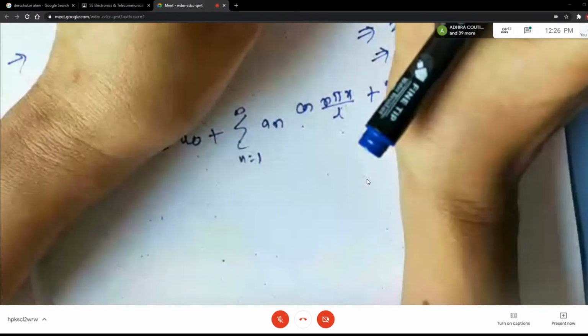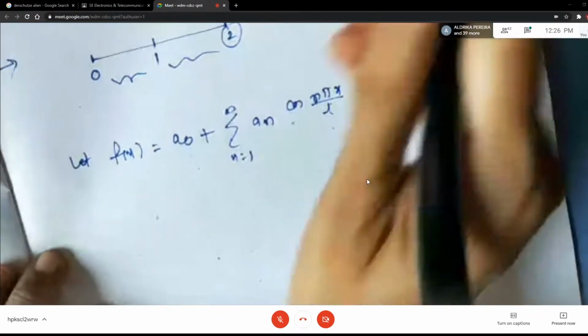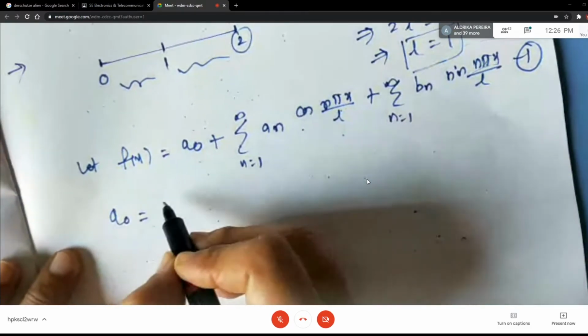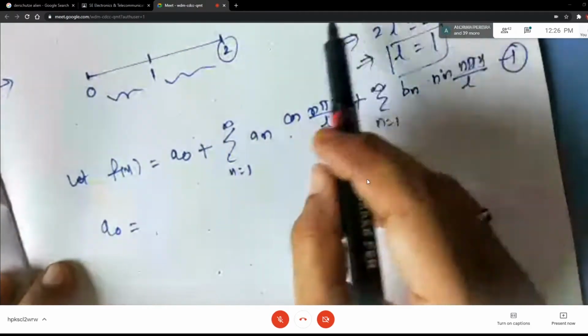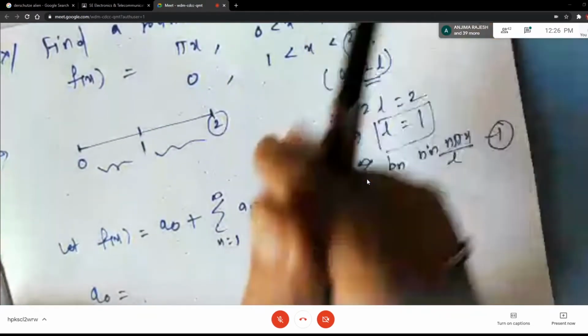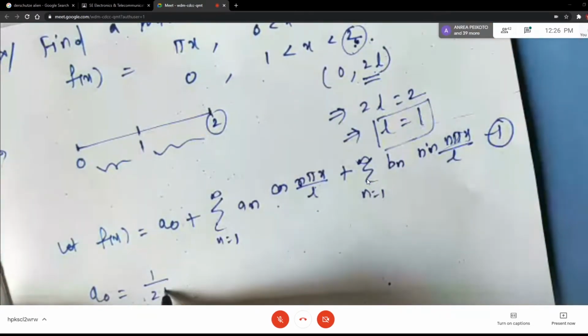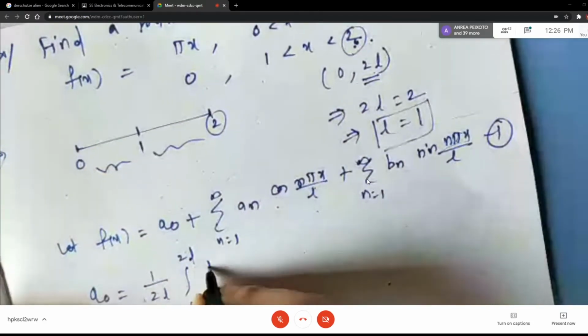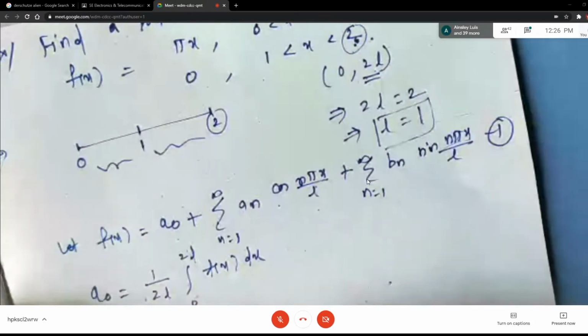See the formula for a naught. A naught is equal to, the interval is from 0 to 2L, correct? So you have to see the first formula, that is 1 by 2L, integral 0 to 2L, f of x dx.